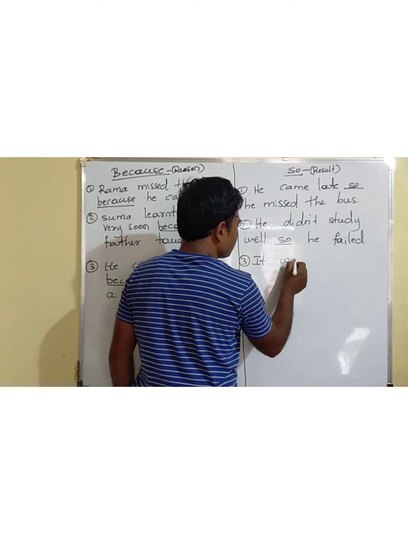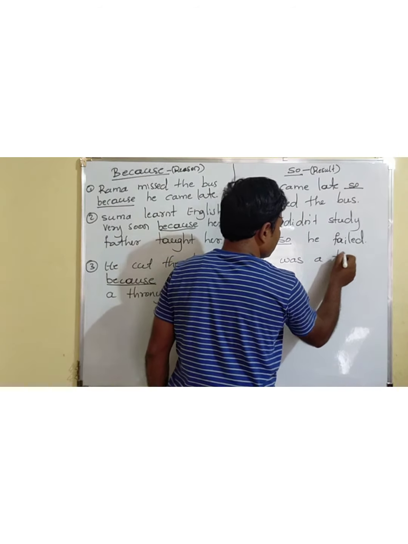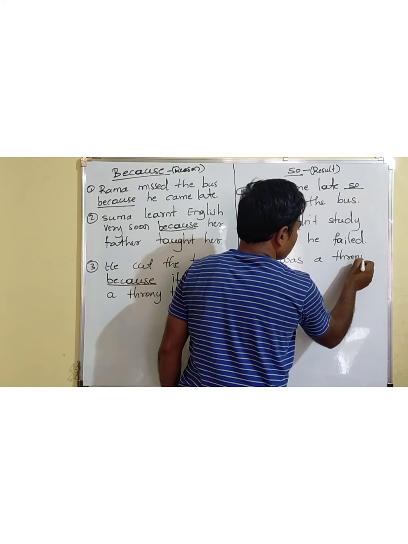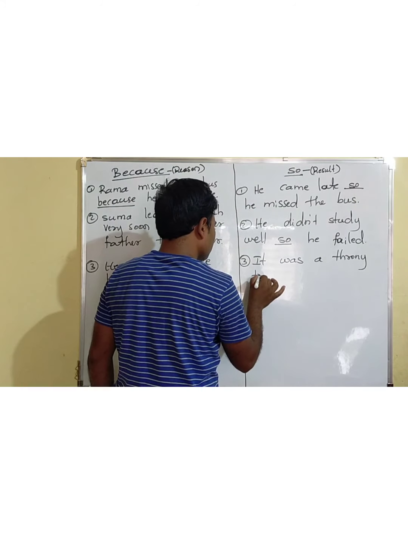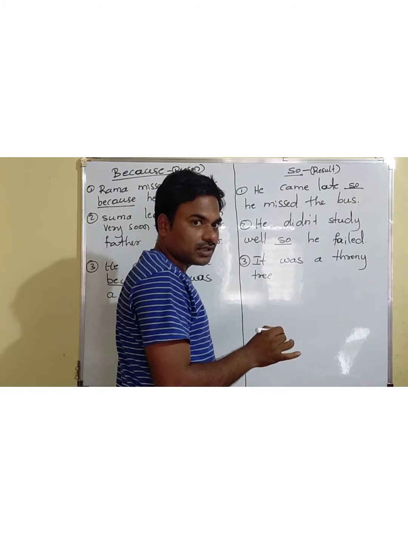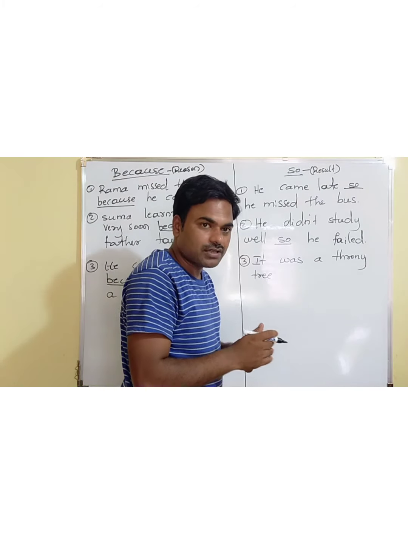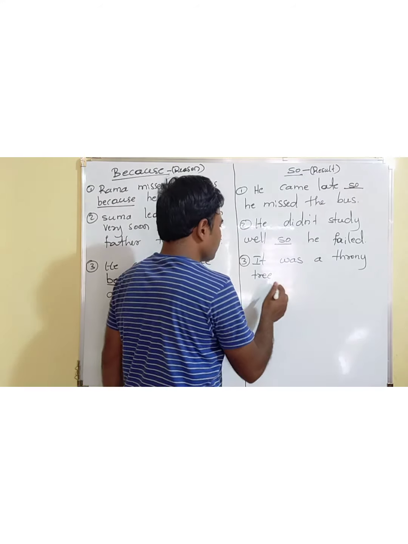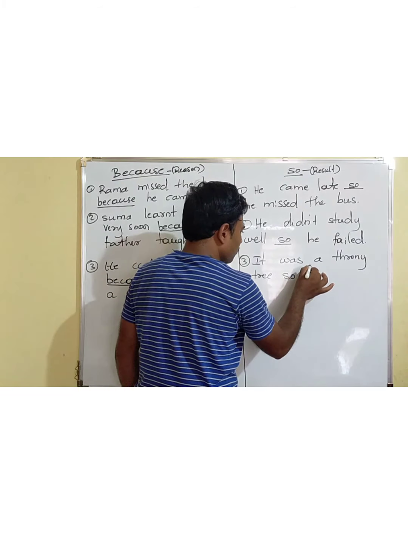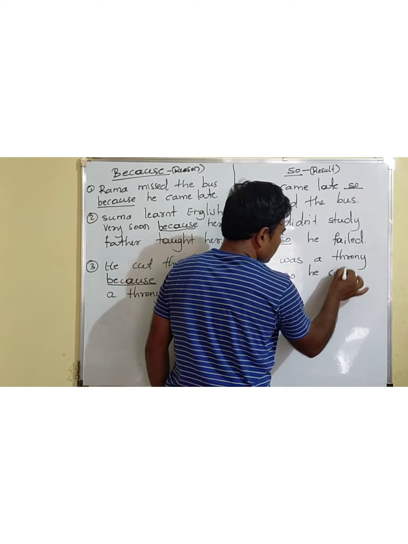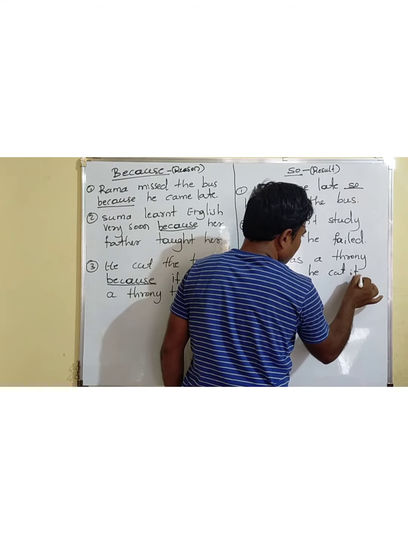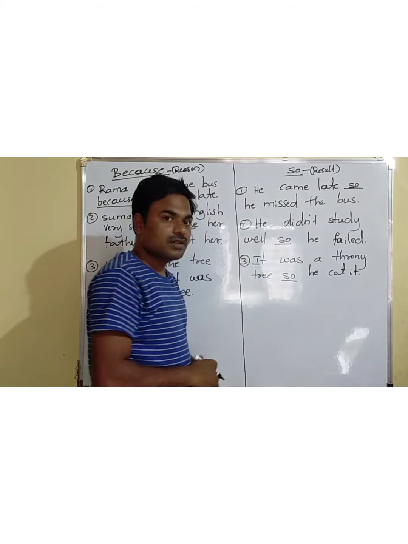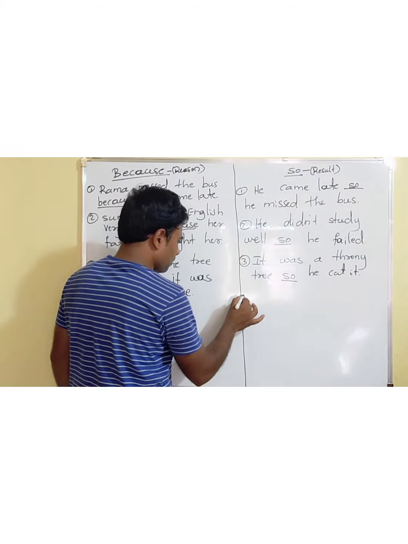It was a thorny tree. The tree has thorns on it. So, what's the result of this? What happened after? So, he cut it. Another example.